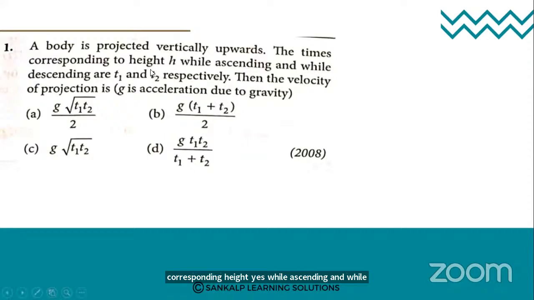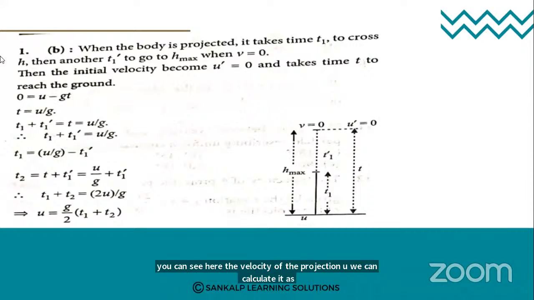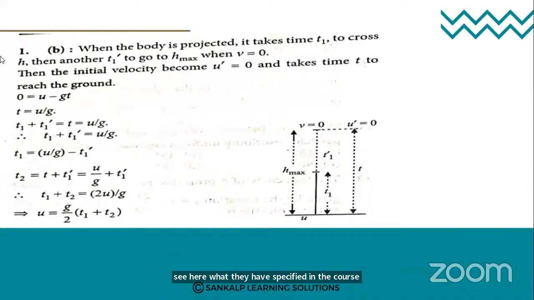Now we are going to check how to calculate the velocity of projection u. See what is specified in the question: when the body is projected, it takes time t1 to cross the height h.